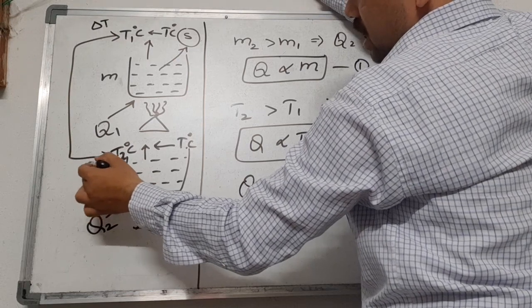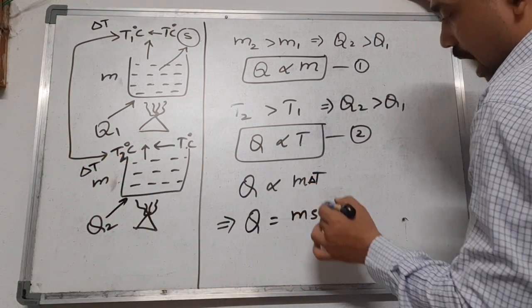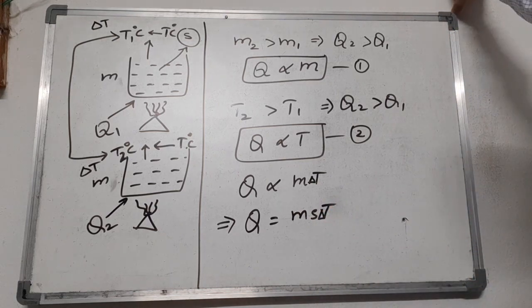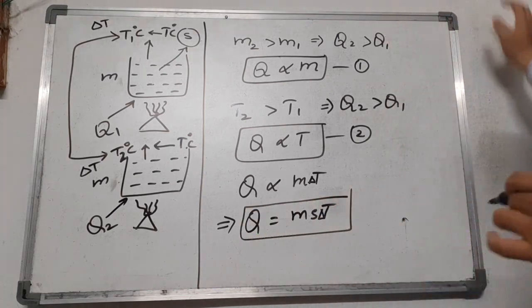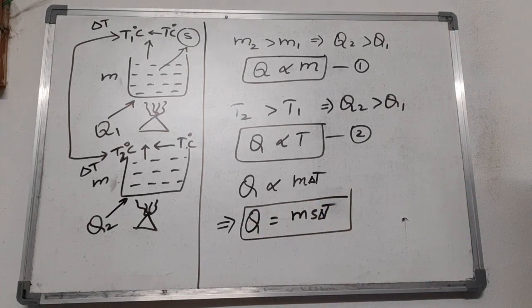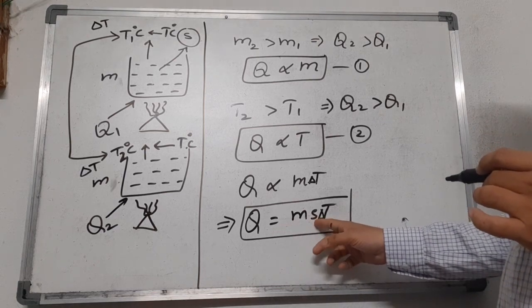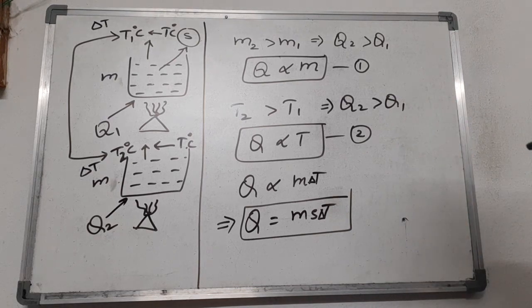That's why I am going to introduce this delta T, that is, m s delta T. m s delta T, this is called the equation of heat energy. How to calculate heat energy? Using mass, specific heat and change in the temperature, m s delta T.